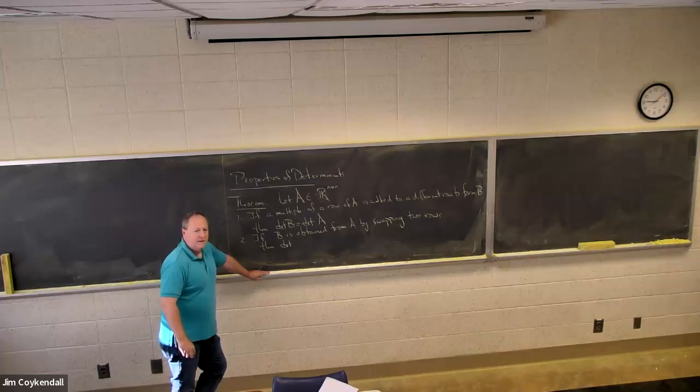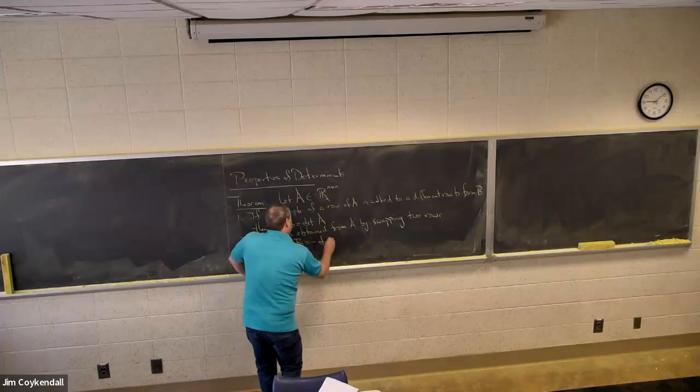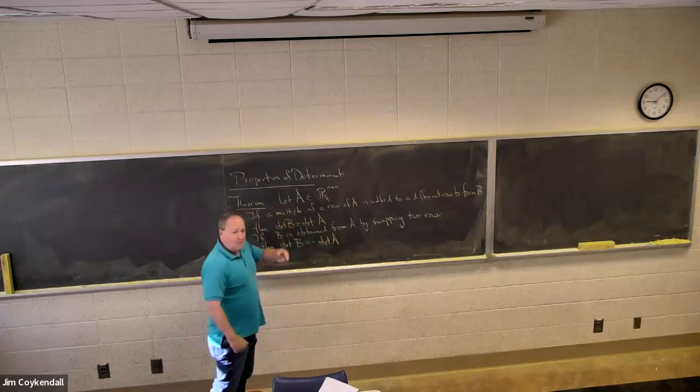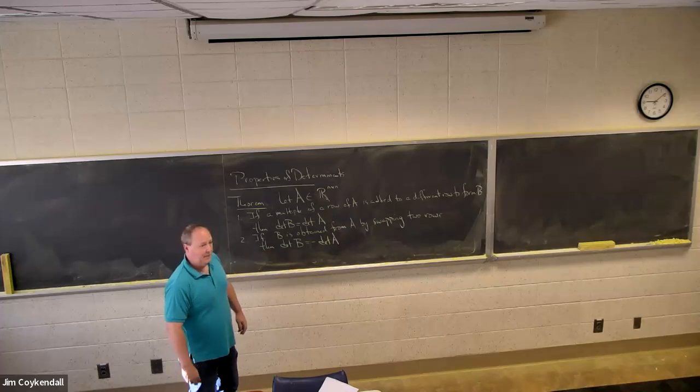I want you to guess that. Would the determinant of B be the negative of the determinant of A? That is correct. So if you swap 2 rows, it changes the sign of the determinant.